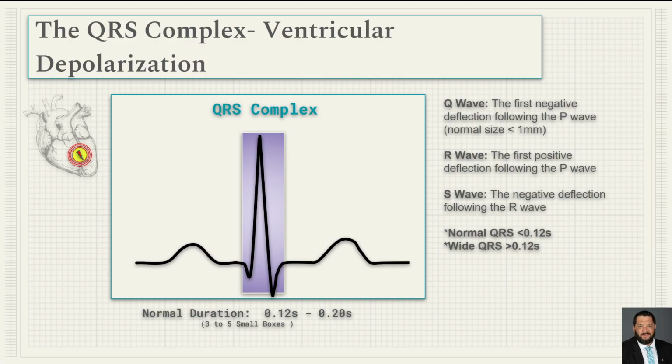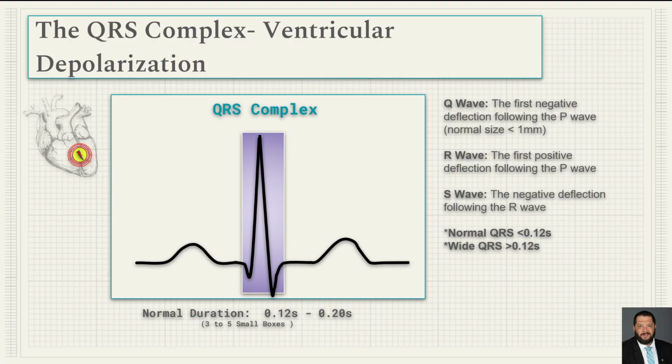It should be less than 1 millimeter deep. The amplitude should be less than 1, and it should be less than 1 small box wide. The R wave is the first positive deflection following the P wave. And the S wave is the negative deflection following the R wave.